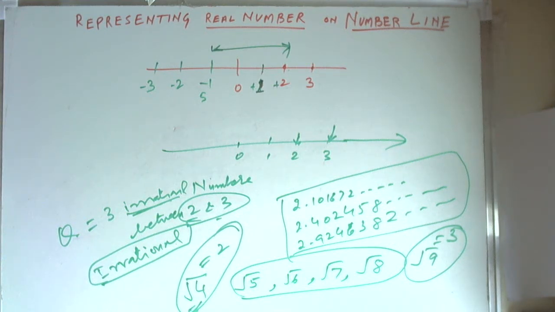Then depending upon what the question is asking, we choose the right type of number and represent that on the number line and write that as our answer.